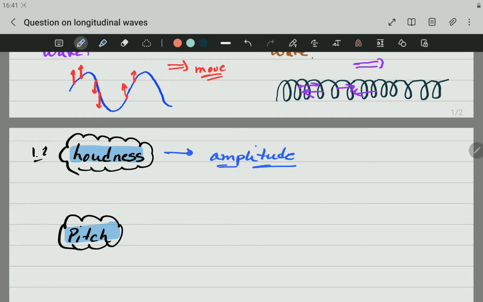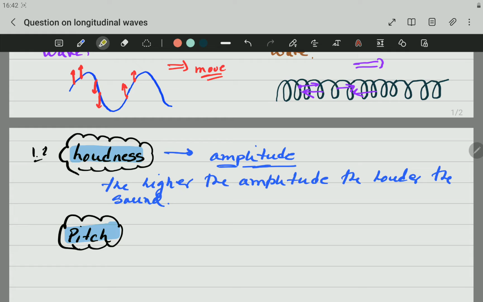That means that the higher or bigger the amplitude, the louder the sound is going to be, and the other way around. The smaller the amplitude, the softer the sound will be.